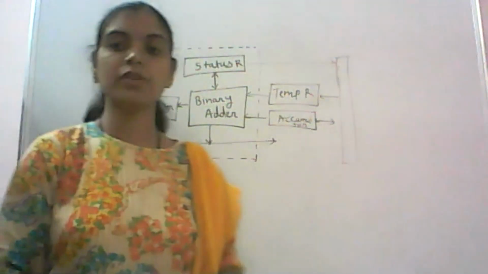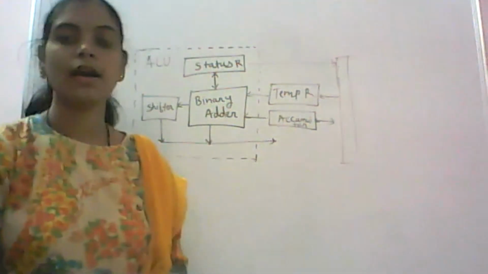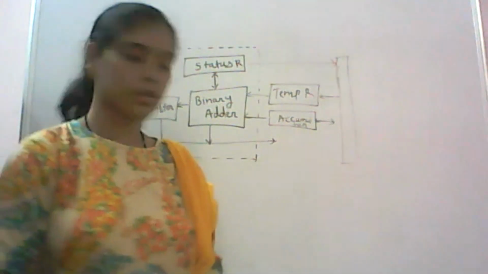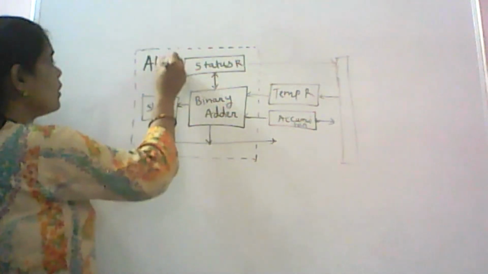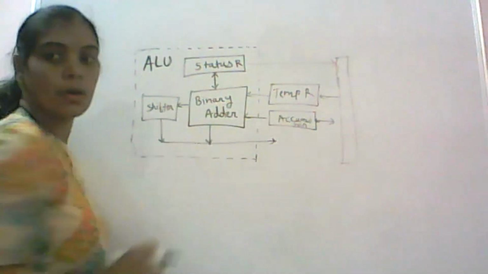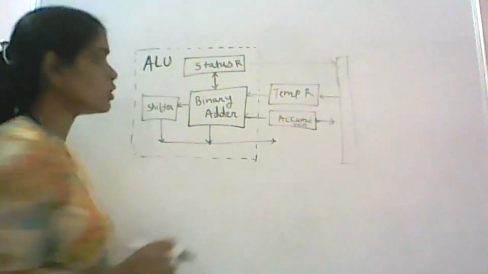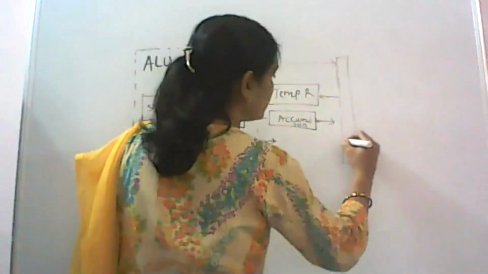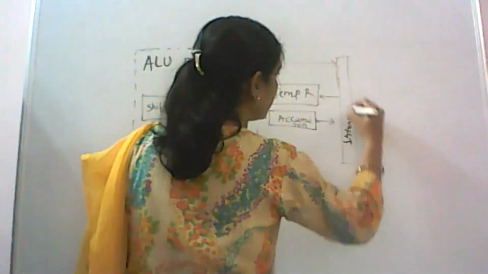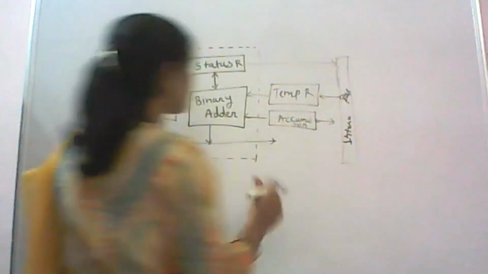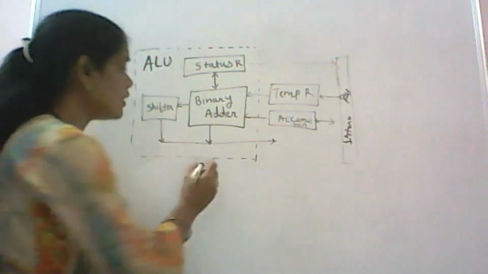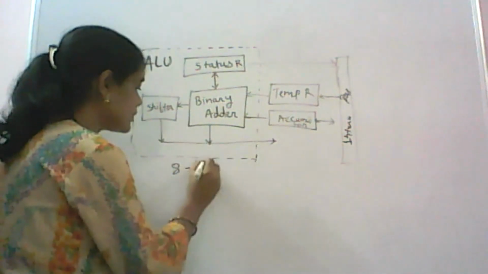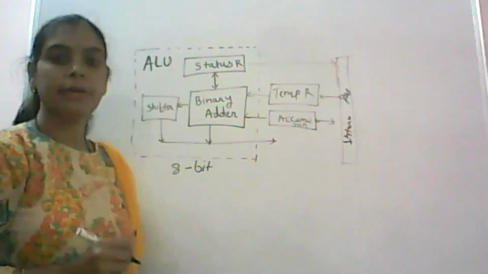Now we see the first block, that is the arithmetic logic unit, ALU. Internal bus. The arithmetic logic unit is an 8-bit unit.